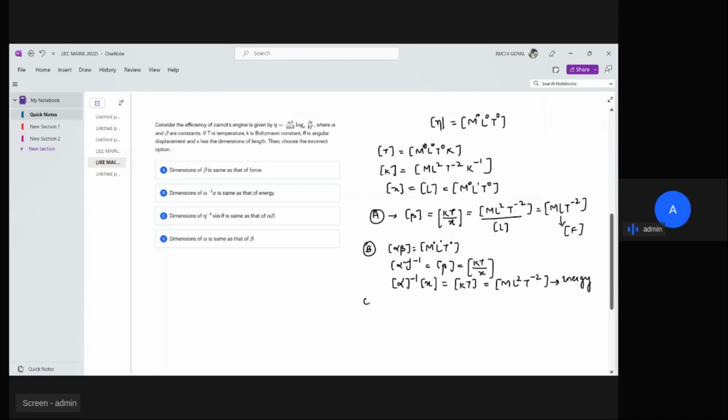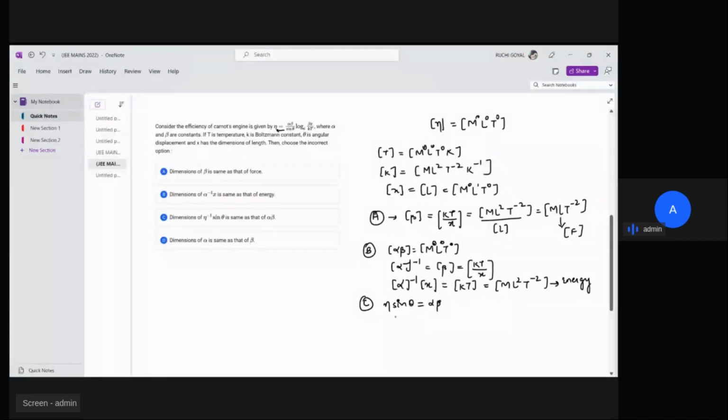Now we can check C. Dimensions of eta^-1 sine theta are the same as that of alpha beta. So alpha beta has these dimensions. So we can check the eta sine theta formula first. Eta sine theta from the equations will be equal to alpha into beta.